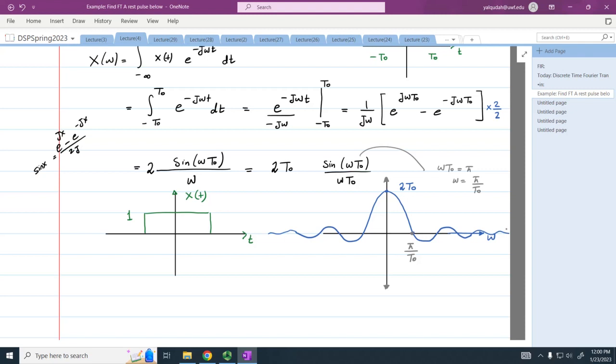Sorry, what does band unlimited mean? It goes from negative infinity to infinity. It's not limited in a band. The spectrum goes from negative infinity all the way to infinity. Here it is limited, time limited. Here it's frequency unlimited, or band unlimited. Okay.